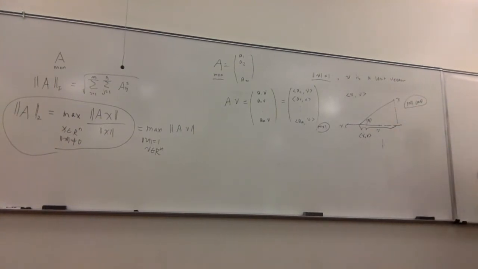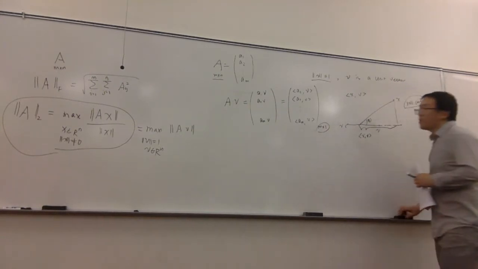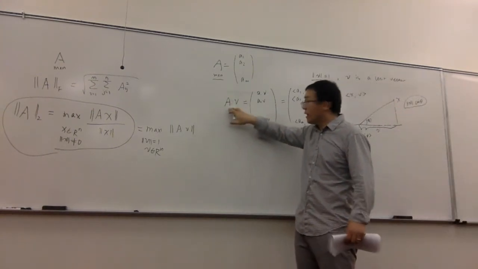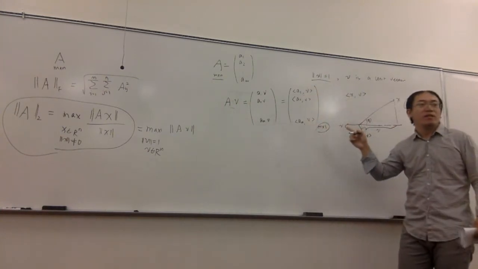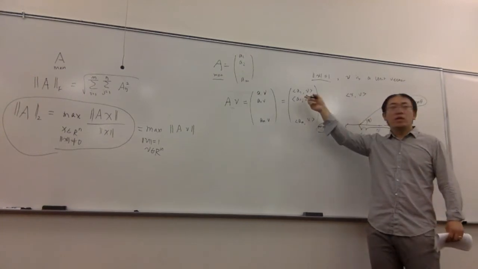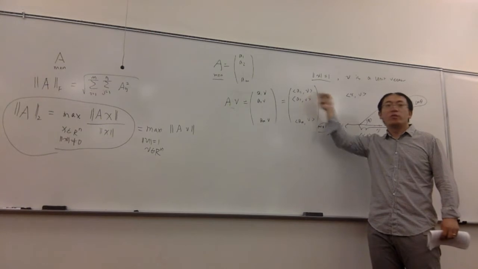This is some geometric interpretation we mentioned in the last lecture. So now we can see that the result of the product of A and V, each element is actually the projection length of the corresponding row vector projecting to the unit vector V.